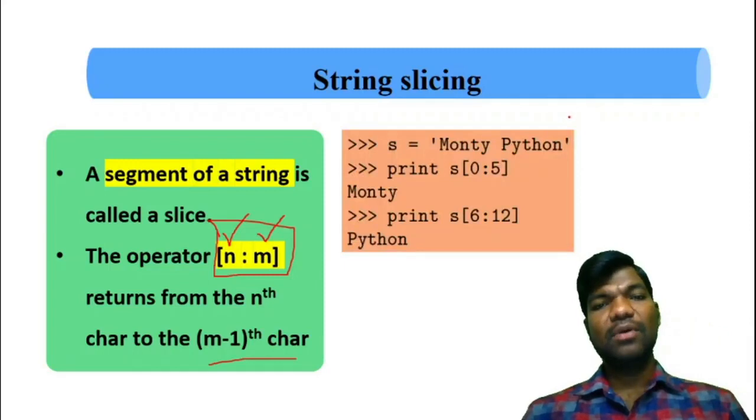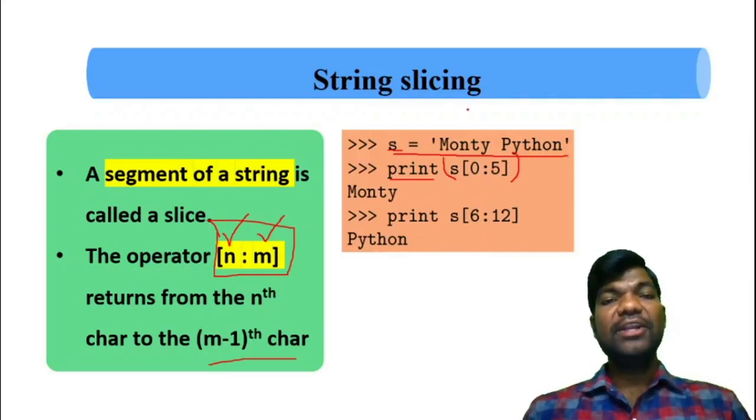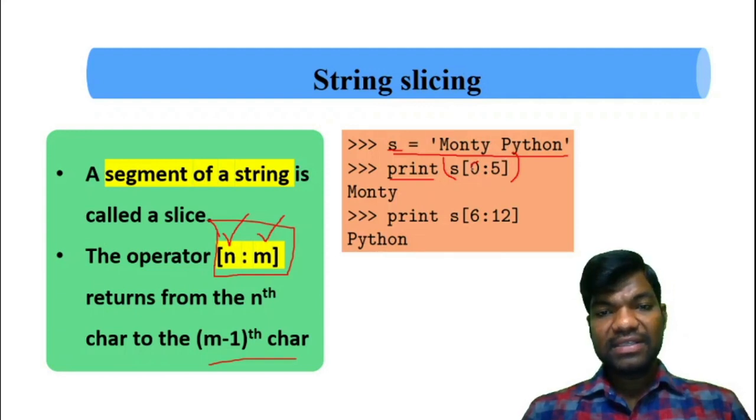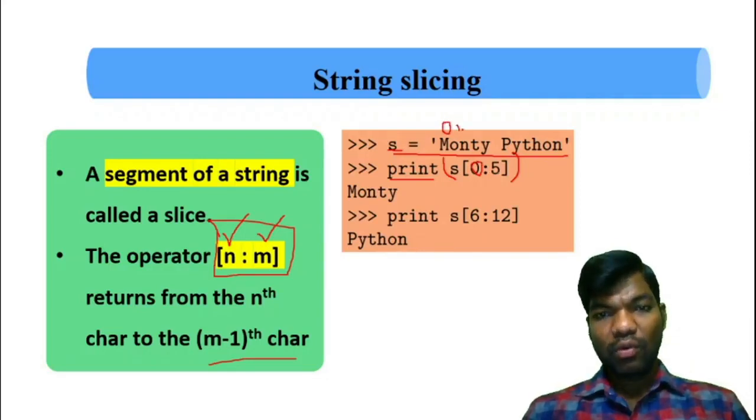Let's check one example. S equal to Monty Python, right? So print of S, the variable S in square brackets. Always remember you need to specify print. We need to start at index 0 and end at 5: 1, 2, 3, 4, 5.